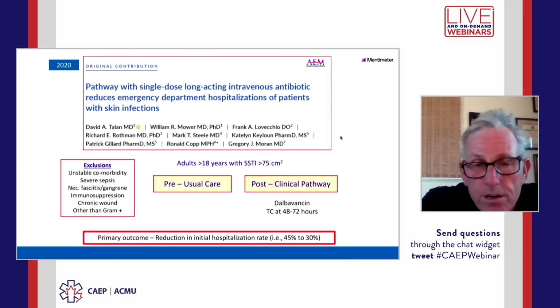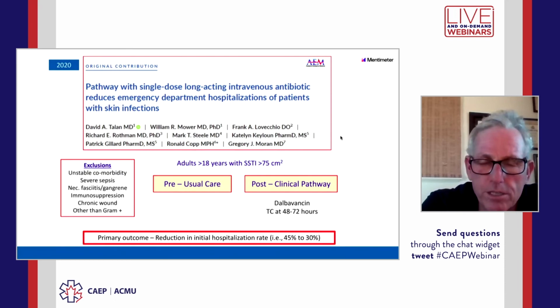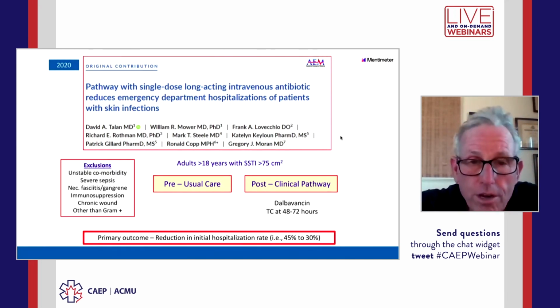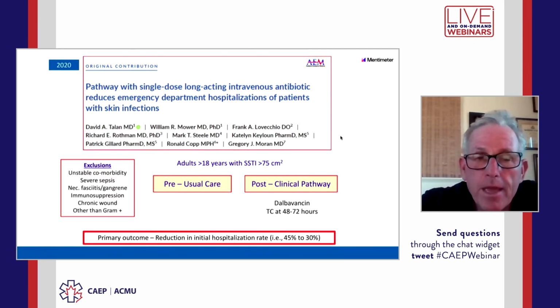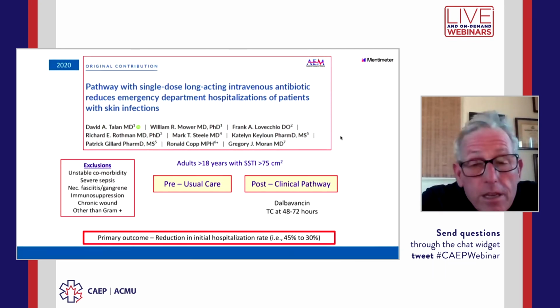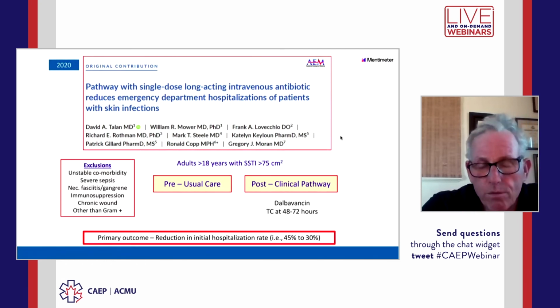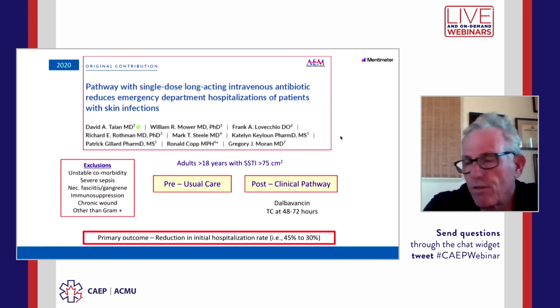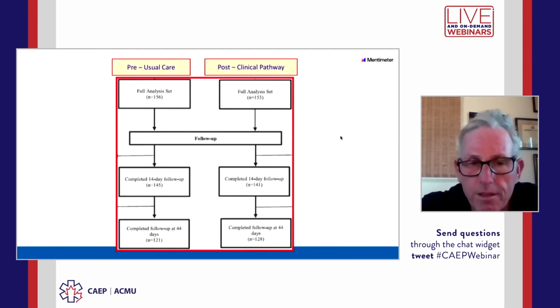The clinicians were educated about Dalbavancin, just like what George said: it's a single dose, it should be sufficient to cure their infection, and no oral antibiotics were necessary. Then we observed what they did in terms of deciding whether the patient should be admitted. Our primary outcome was the hospitalization rate, and we tested the hypothesis that it would be reduced, for example, from a projected 45% down to 30%.